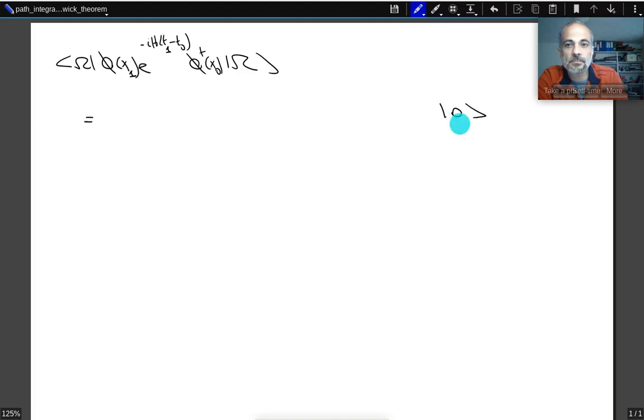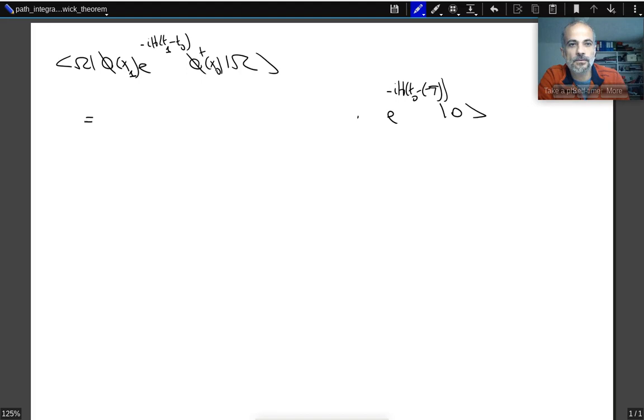Now this is the empty vacuum. This is the vacuum of the theory, which need not be empty, but this is the empty vacuum, e to the power minus iH (T0 minus minus T). So we say that our system is at the empty state at the time minus T, which eventually we will take to be infinite. And then we evolve it to the time T0, and this will essentially pick up the interacting vacuum.